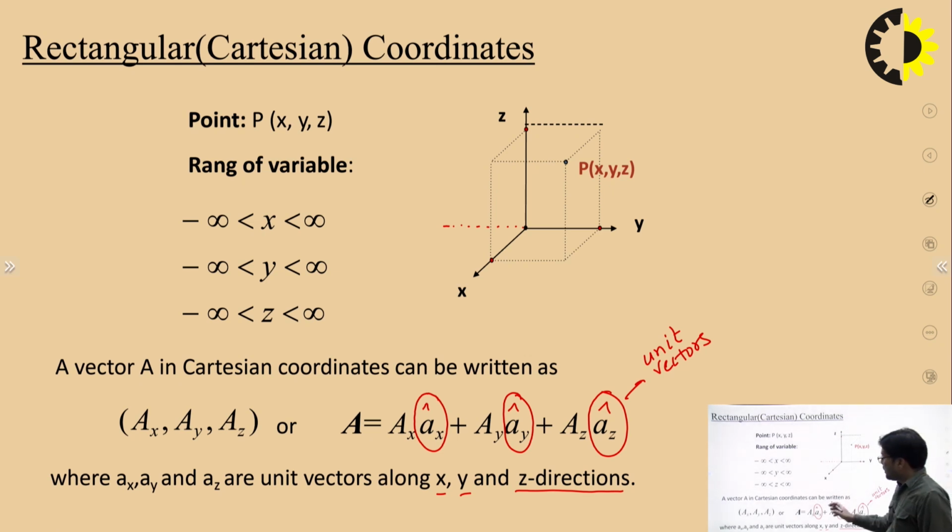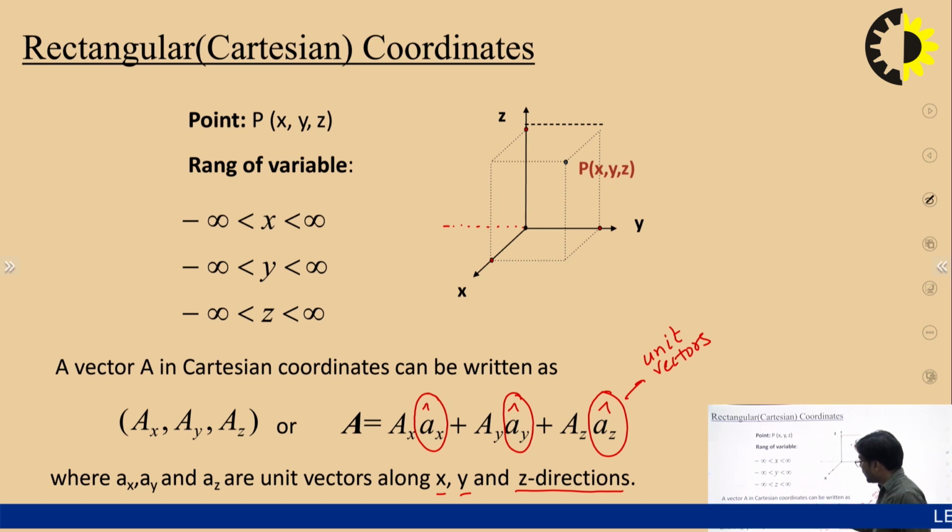So you can see here for the vector A, Ax represents the movement in the direction of the x axis, Ay represents the movement in the direction of the y axis, and Az represents the movement in the z direction.